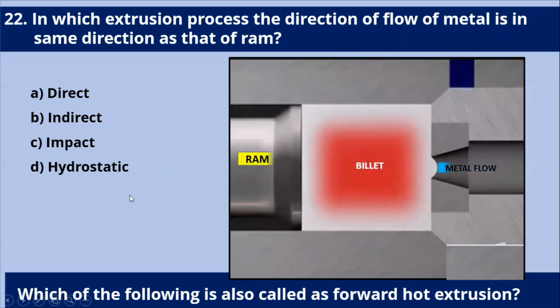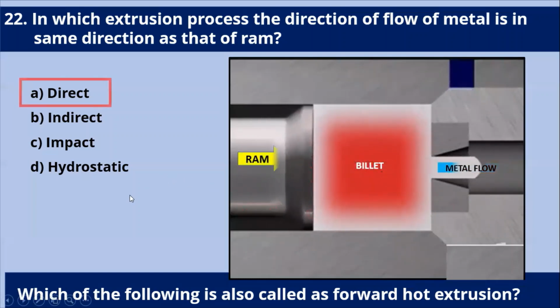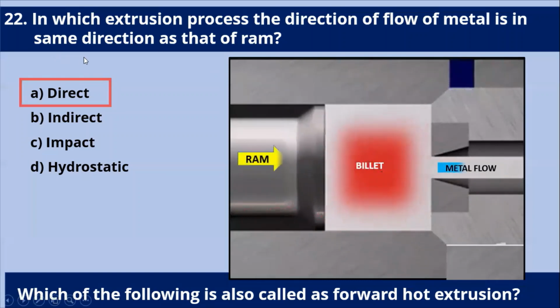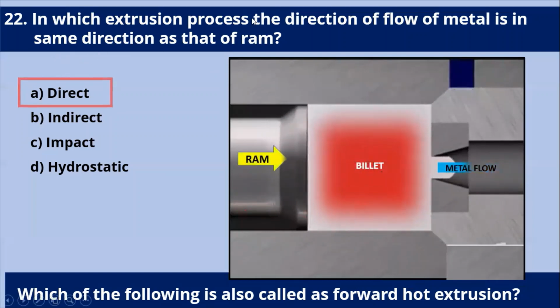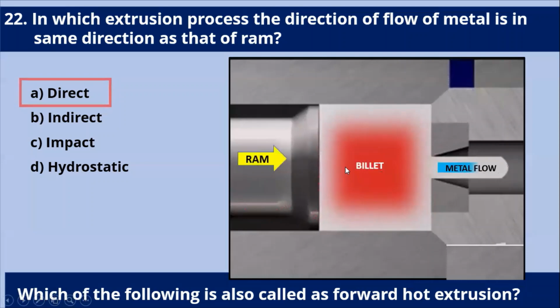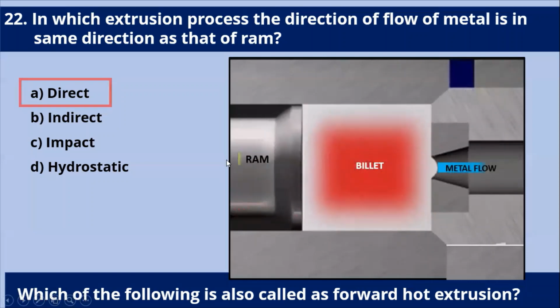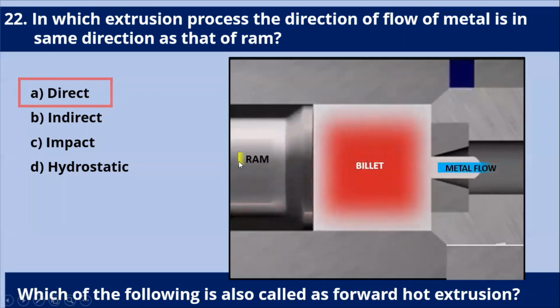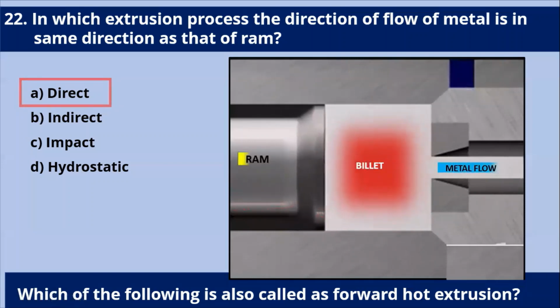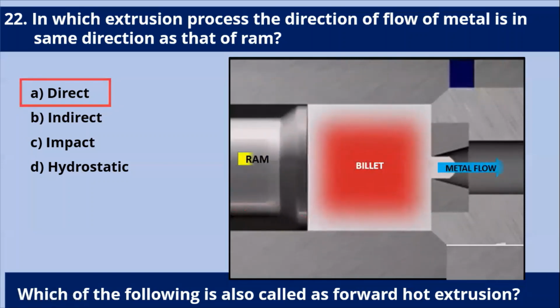So that's why our answer is direct. It means that in the direct extrusion process, the direction of the flow of metal and the direction of the ram are the same.